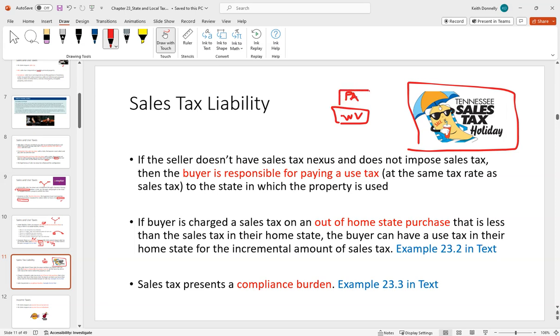Let's just say once a year on the weekend, they have a sales tax holiday, which basically the government says, hey, on this weekend, to help local businesses and encourage commerce, we're not going to charge any sales tax on sales. So you go up here, and maybe you buy a washing machine and a dryer. Let's just say you spend $1,000 on this, and then you bring that down into West Virginia and you use that washer and dryer here.